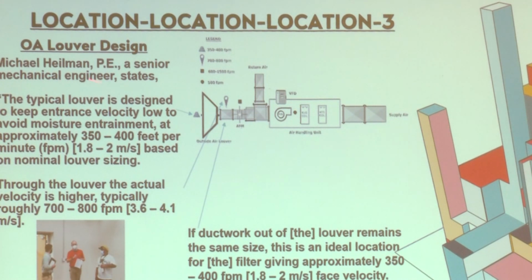The engineer who designs these systems wants to make sure the louvers are properly designed to keep the velocity low enough to avoid moisture coming into the system and hurting the airflow monitors because they get wet. Also, if they don't design the louver properly, that water will also get on the filters, and they will get wet and won't work anymore.